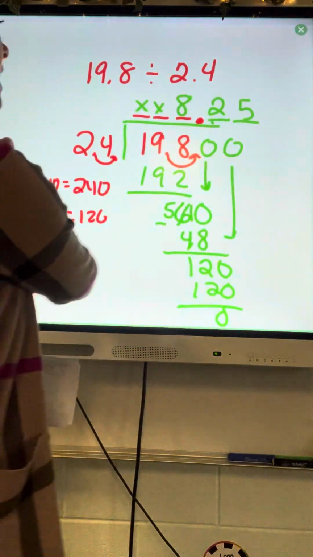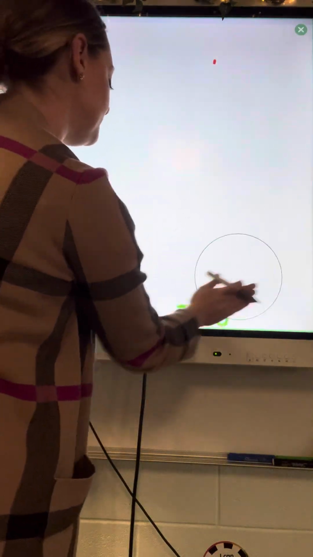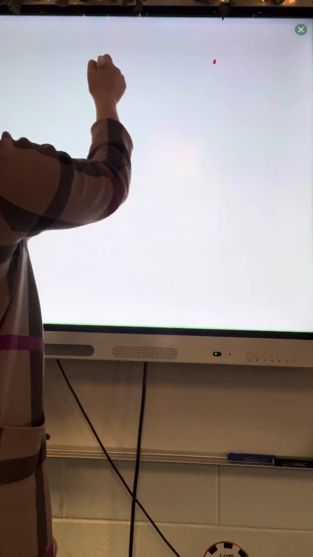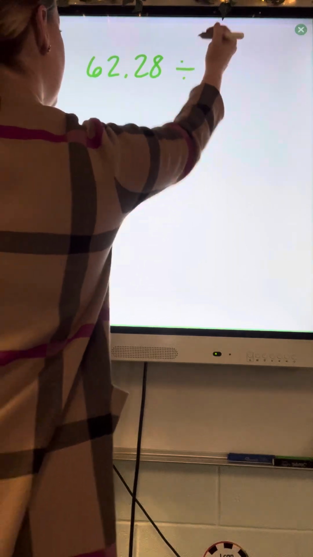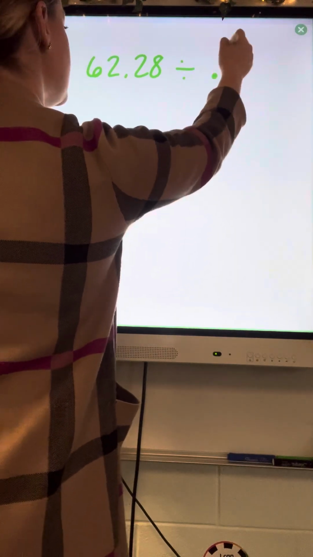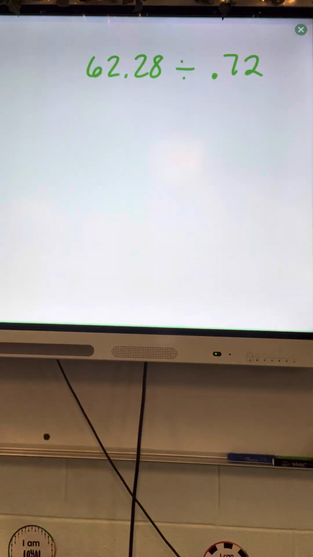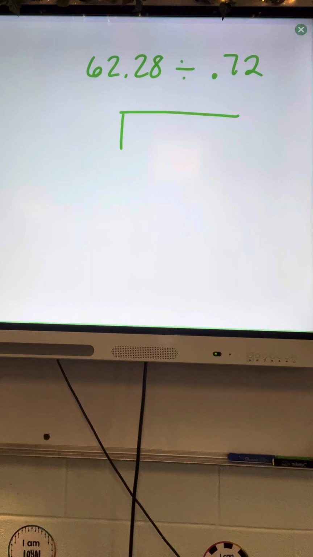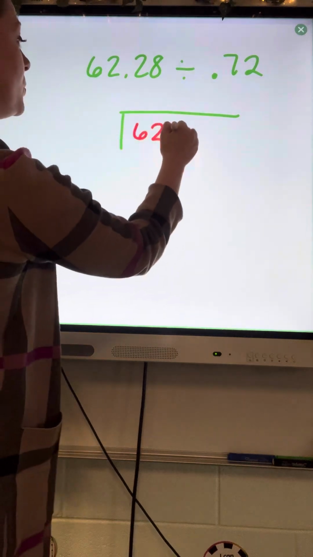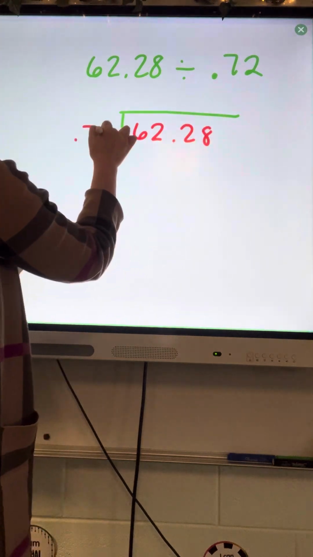All right, next problem and the last problem. This one's a little more difficult. 62.28 divided by 0.72. All right, step 1, first in, top in: 62.28 and 0.72.